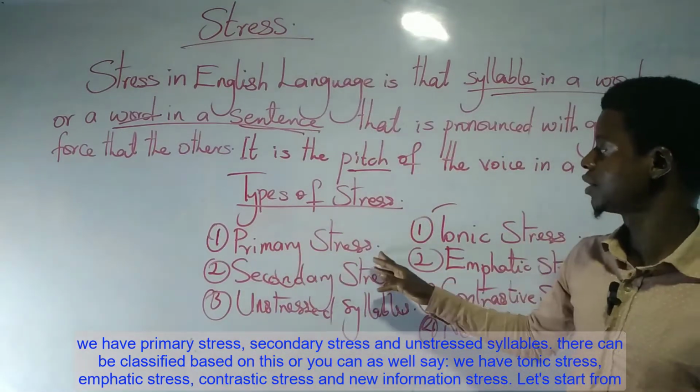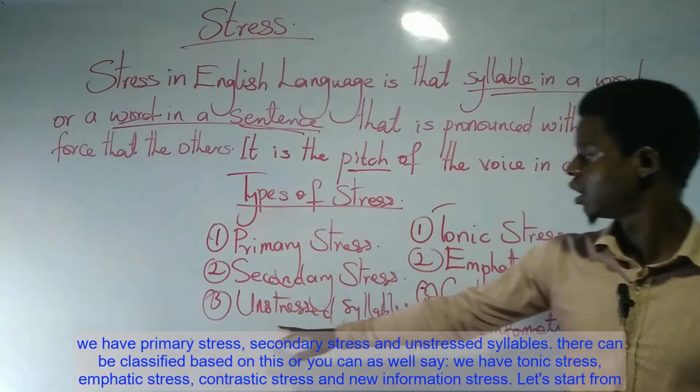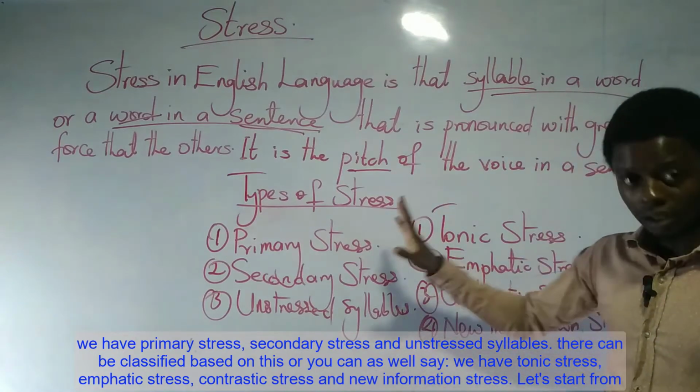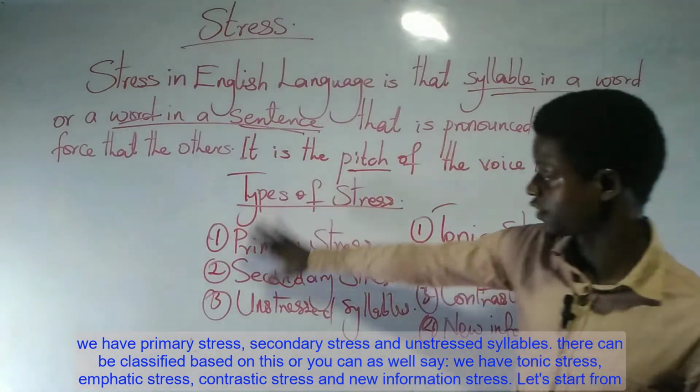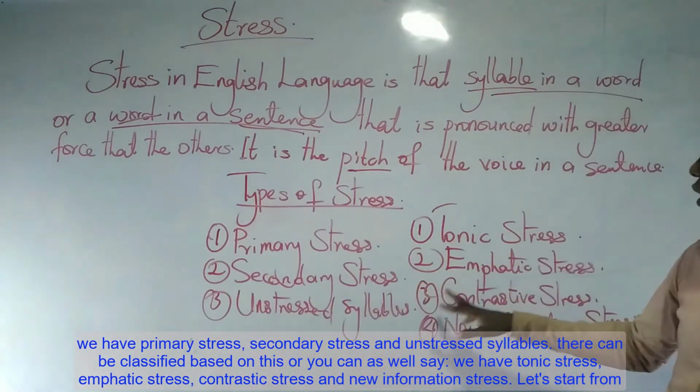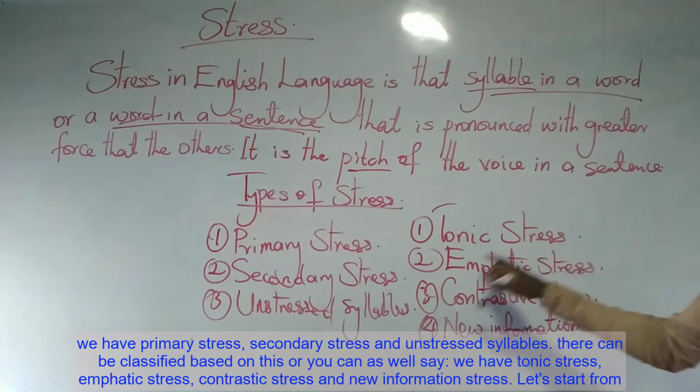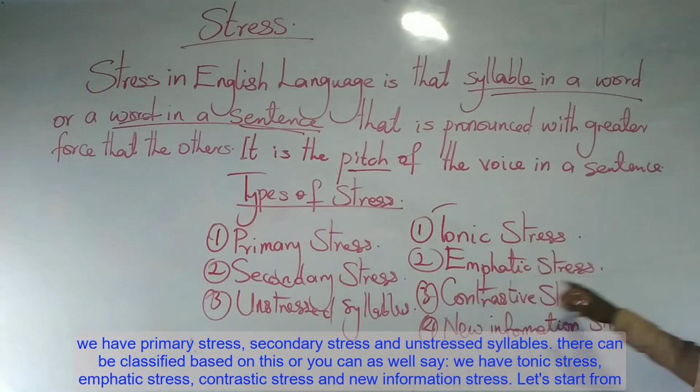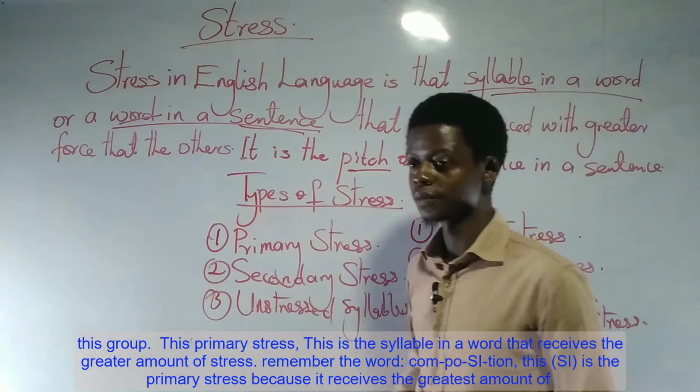We have primary stress, secondary stress, unstressed syllables. Those can be classified based on this, or you can as well say we have tonic stress, emphatic stress, contrastive stress, and new information stress. So let's start from this group.